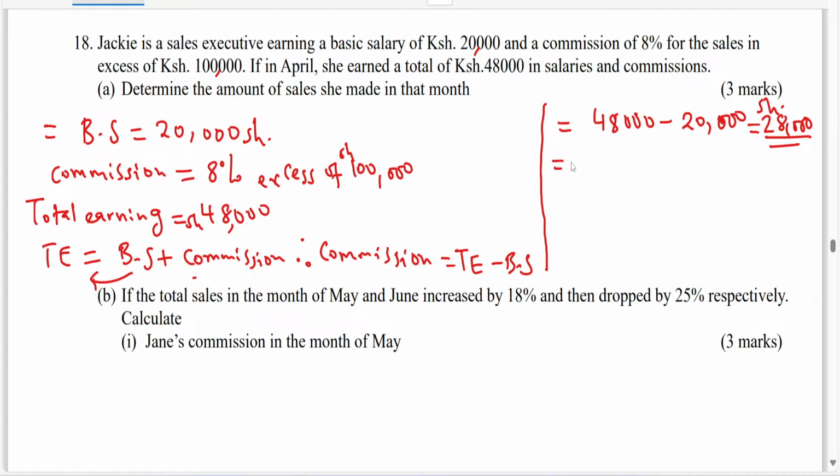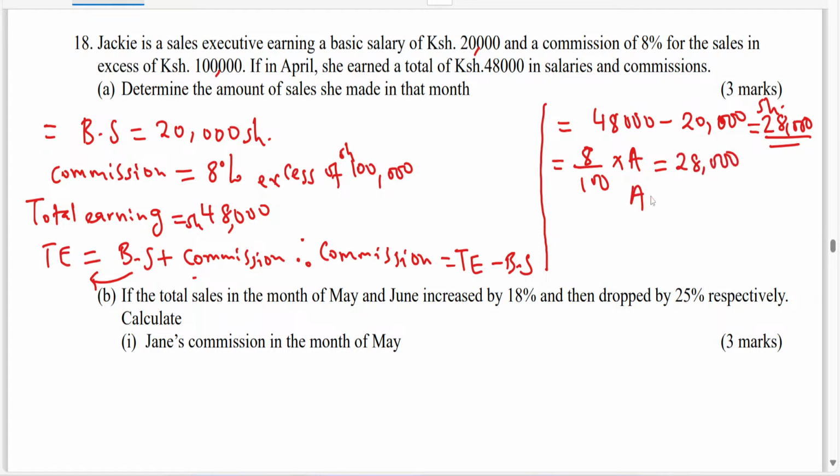So let's find out the amount of sales. To calculate a commission, you take the percentage and multiply by the sales on which commission is charged. Let's say 8% times A equals your commission, which is 28,000.